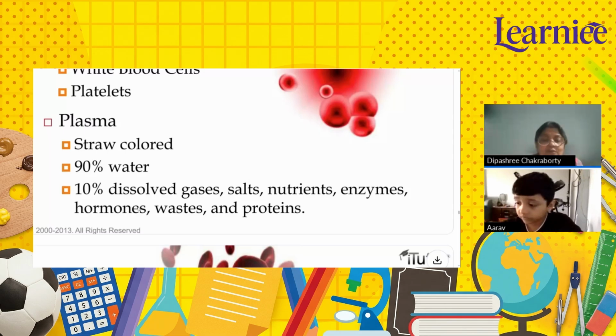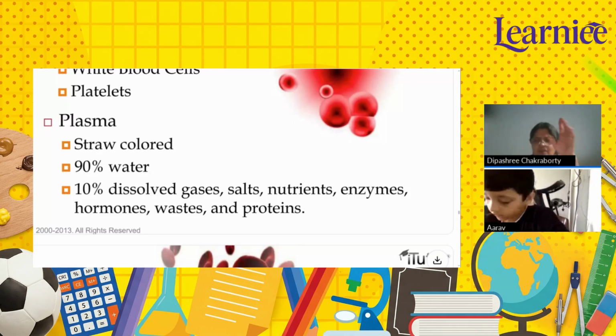You are going to write its composition. It is composed of 90% water and the remaining 10% is all other things. So 90 plus 10 is 100.